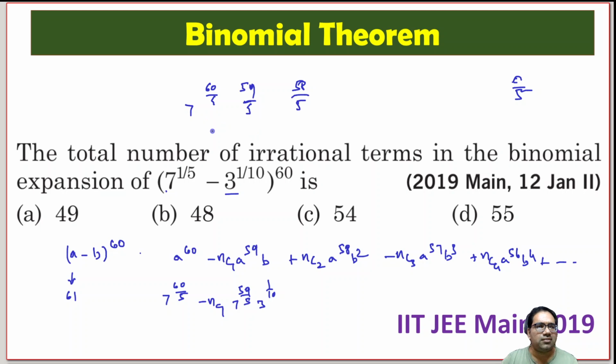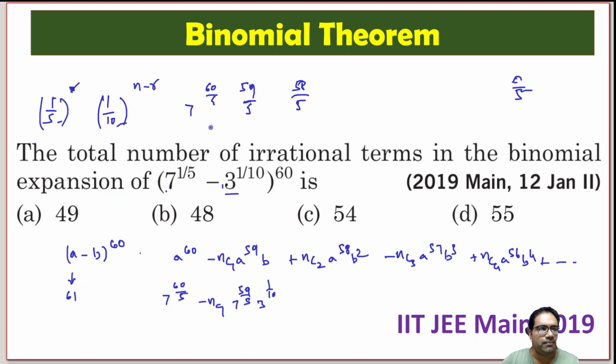Now, in all of this, we want 7 to the power of some integer, and at the same time 3 to the power of some integer. Basically, 1/5 times the power (n − r) should be an integer, and at the same time 1/10 times the power r should also be an integer.